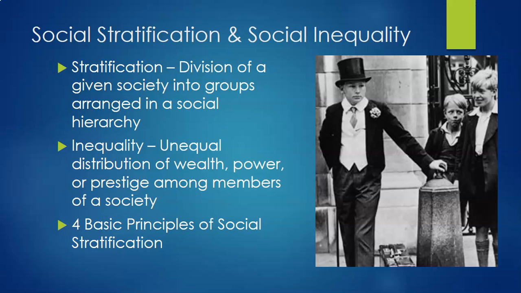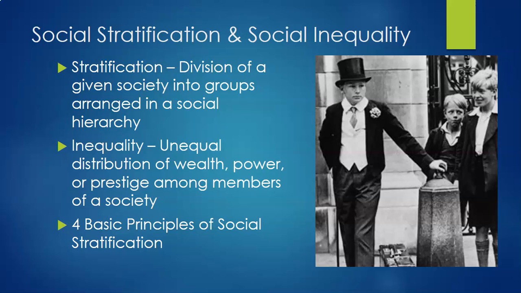Social stratification in one form or another is present in all societies. This means that members of a given society are categorized and divided into groups, which are then placed in a social hierarchy. Members may be grouped according to their gender, race, class, age, or other characteristics, depending on whatever criteria are important to that society.